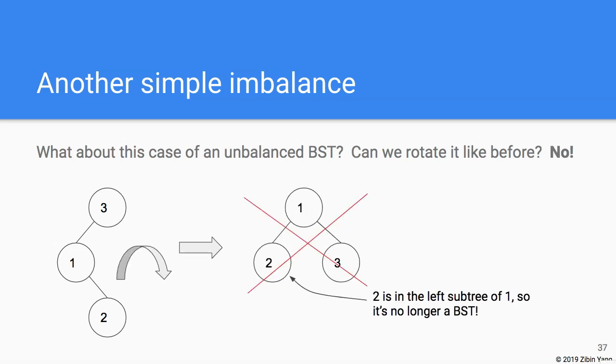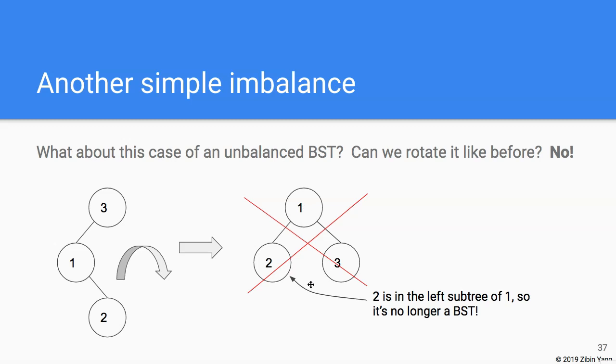Well, if you try that, here's what you're going to end up with. You are going to rotate this whole thing to the right by 90 degrees, and you're going to end up with a 1 at the top. You're going to end up with a 3 as the right child, which is fine, but then you're going to end up with a 2 as the left child, but that's bad because 2 is greater than 1, so it should not be in the left subtree of 1.